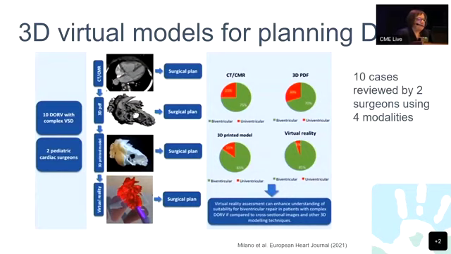This was a paper from the European Heart Journal that took two surgeons and had them review 10 different cases each of double outlet right ventricle with complex VSDs.